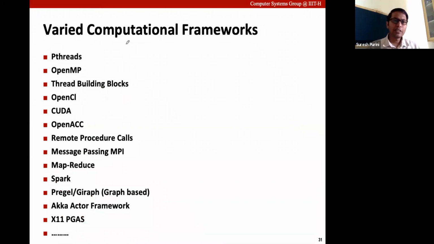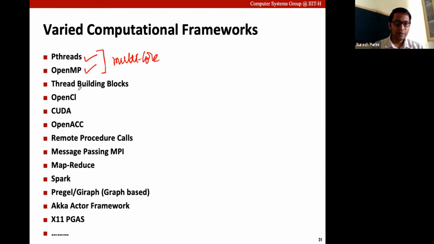In order to solve these problems, different computational programming frameworks have been proposed. For example, in your operating systems course, you may have read about pthreads, which is used for multi-core programming. OpenMP is another programming model, another computational framework, again for using multi-core machines.